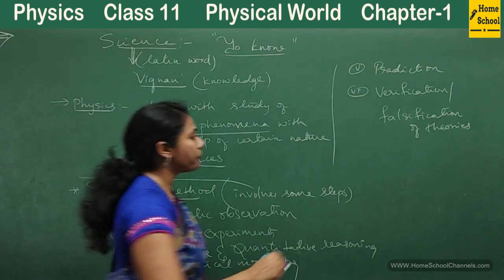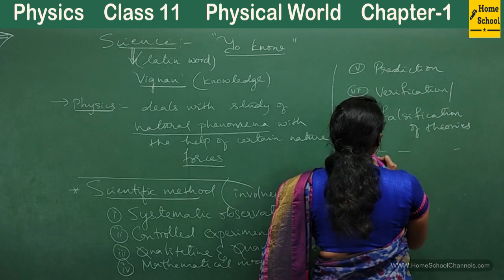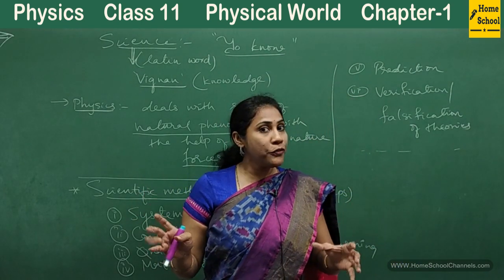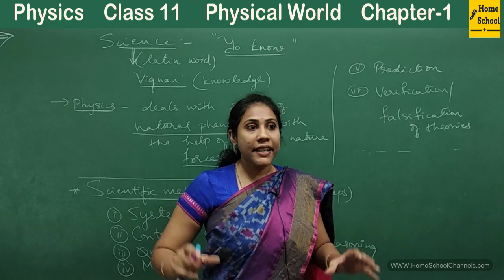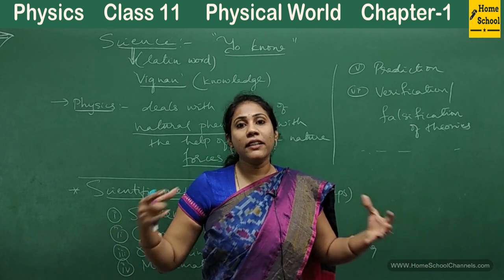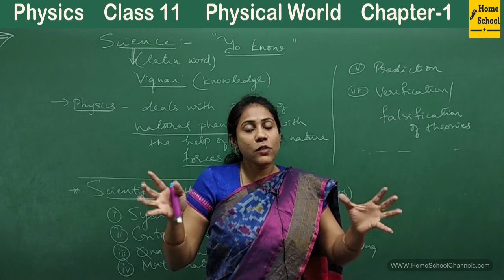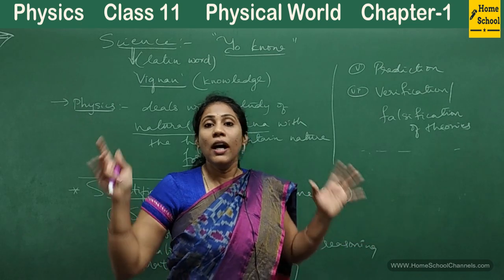For example, imagine you want to understand how our earth moves around the sun, in what pattern, in what way our earth moves around the sun. This is the natural phenomena you want to study.